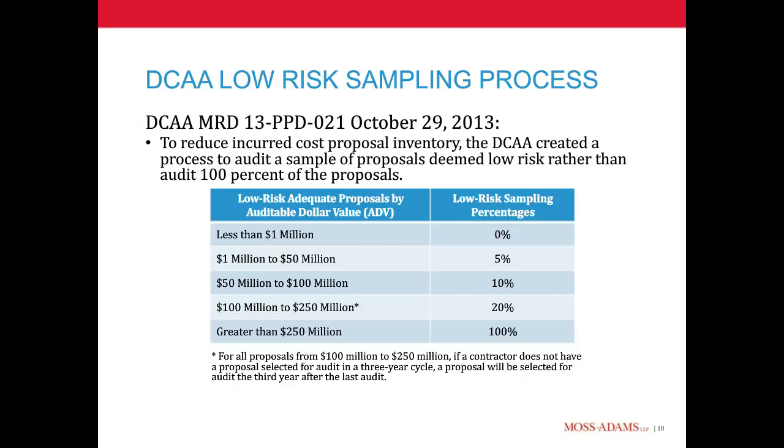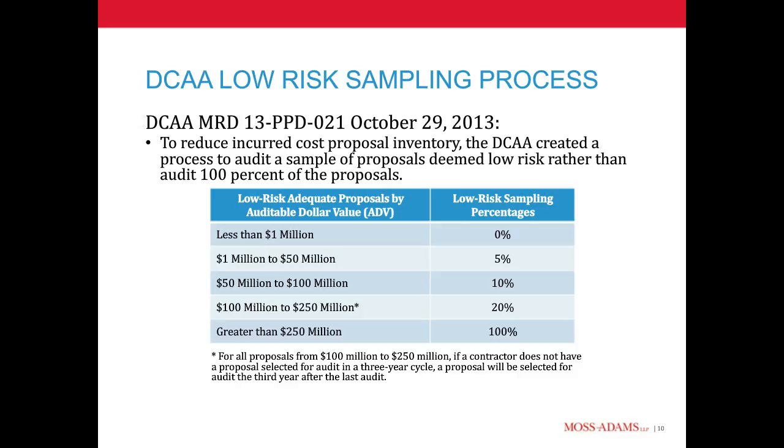And it was a low-risk approach where, if a contract can be identified as meeting low-risk criteria, then it would only have to be sampled. For example, if you had a $25 million incurred cost submission, then it would fall into this category of between $1 million to $50 million, and so it would only have a 5% chance of being audited at all.